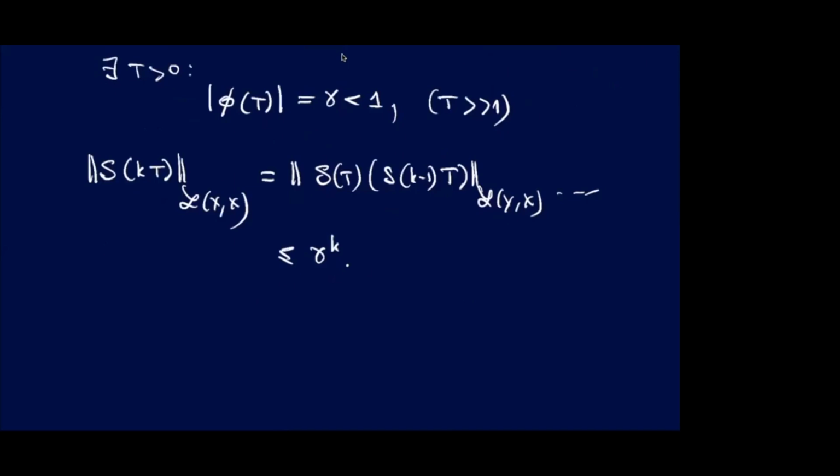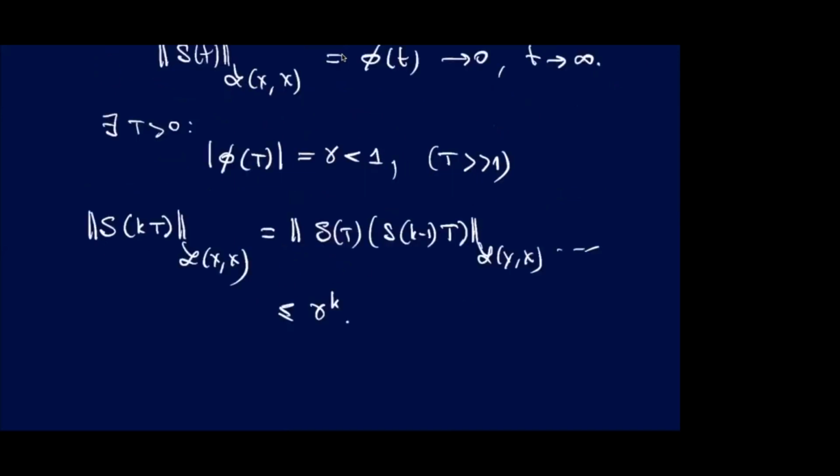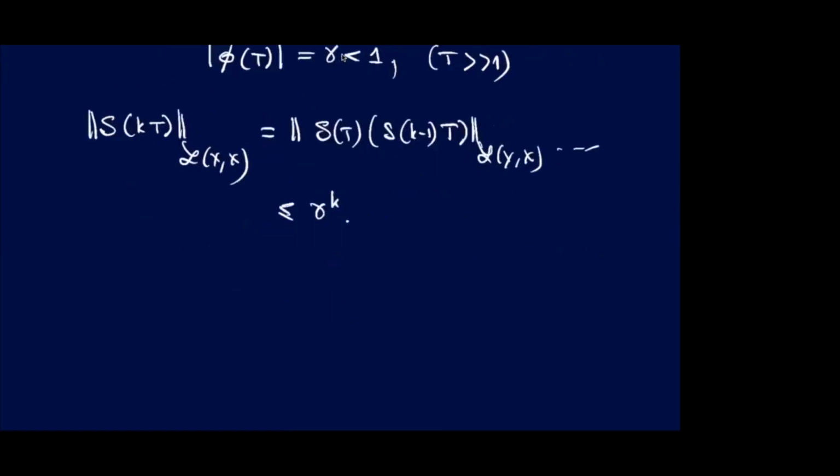So if the semigroup in a time horizon of the length capital T shrinks norms with a factor gamma, when you iterate, this is like, again, like in Banach iteration for contractive maps, right? In a time interval k times longer, k times capital T, then the compression factor will be gamma to the power k, right? But then what happens?